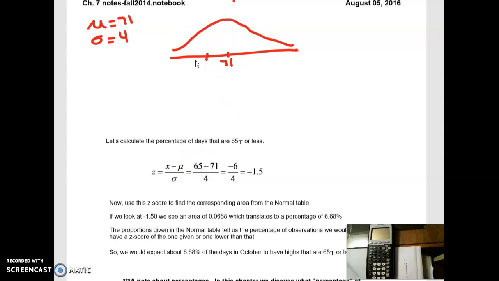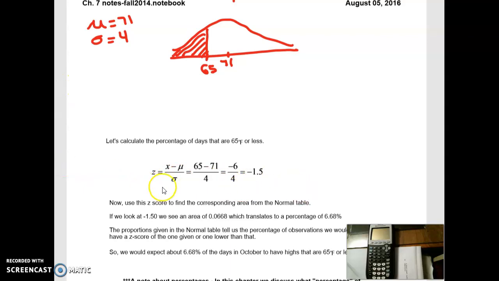Let's guesstimate that it's right there, 65. And it says less than, so we're going to go this direction. Less than shades this way. So we're looking for that shaded area.